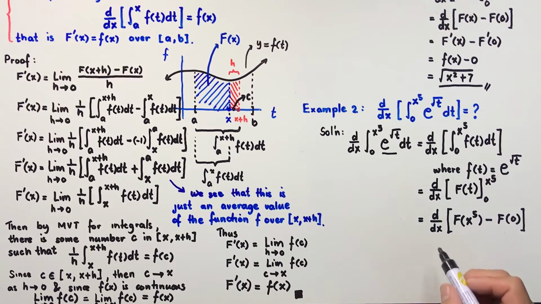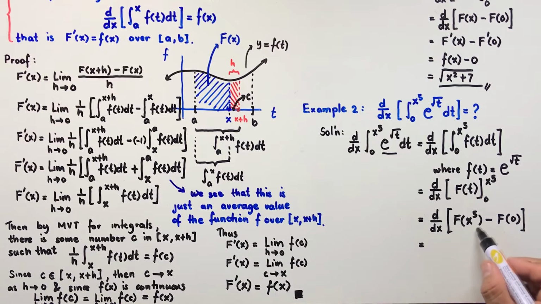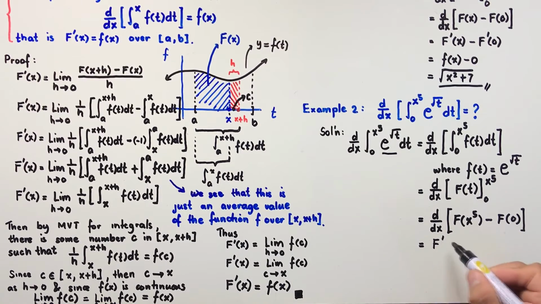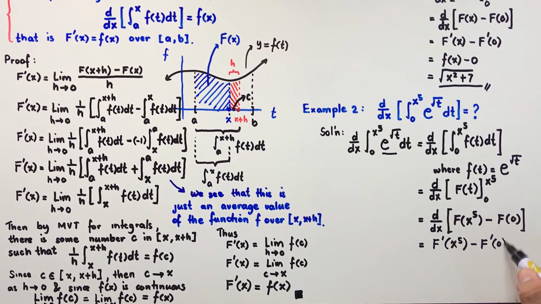And we know that the derivative of a difference is the difference of their individual derivatives. So the derivative of this big F of x to the power of 5 is big F prime of x to the power of 5. And the derivative of this is the big F prime of 0.